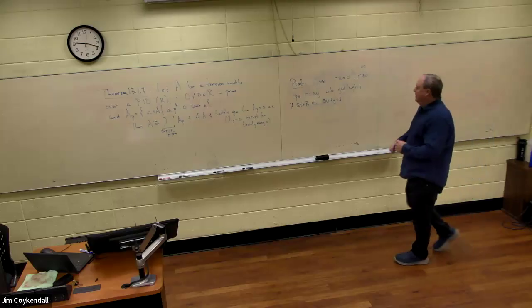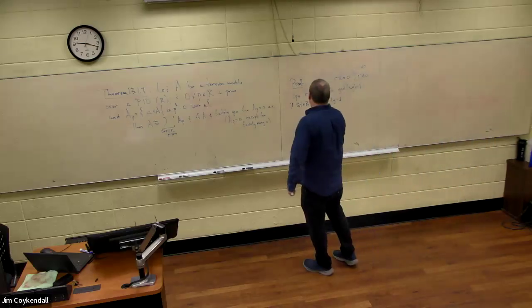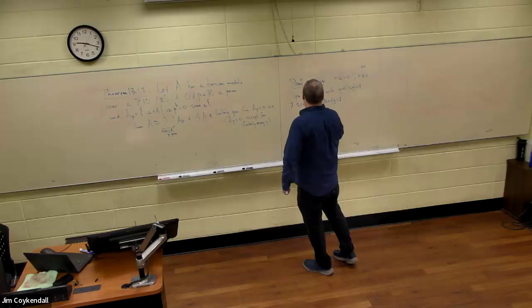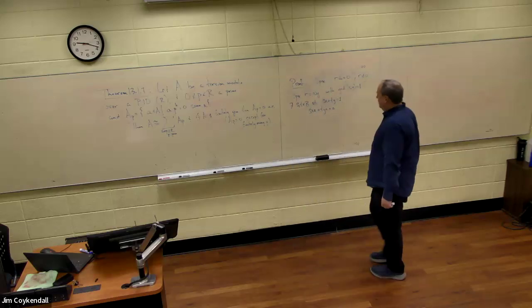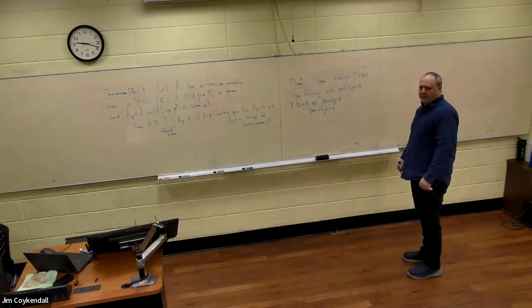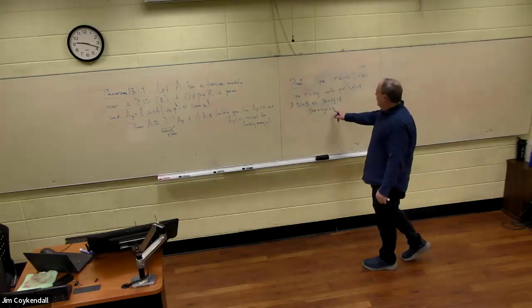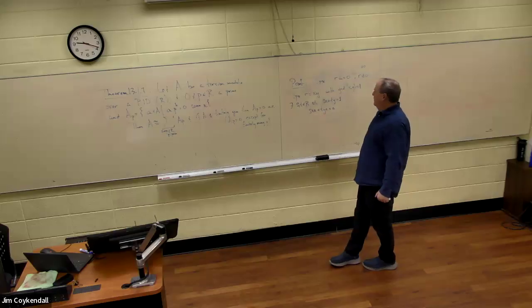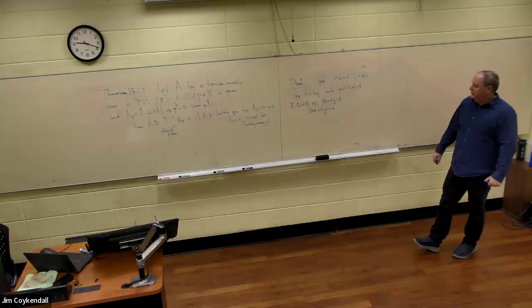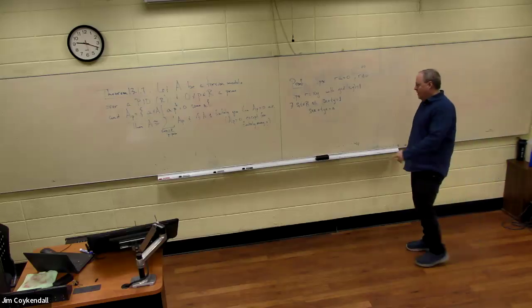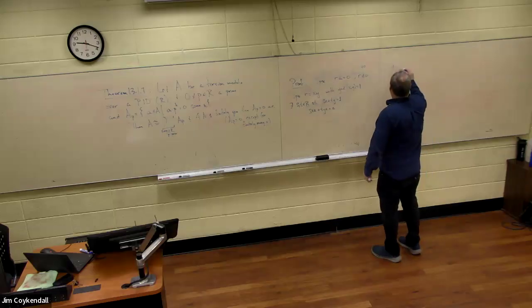Everybody agree with that? I'll multiply that element of the module. So I've got A this way. Can anybody tell what the significance of this is?